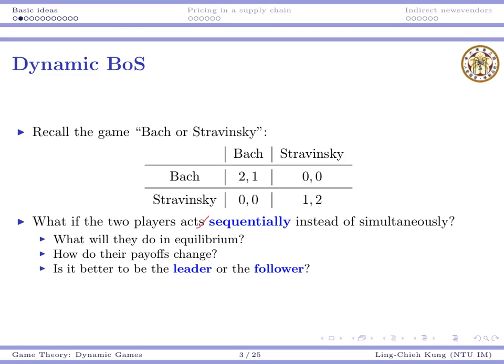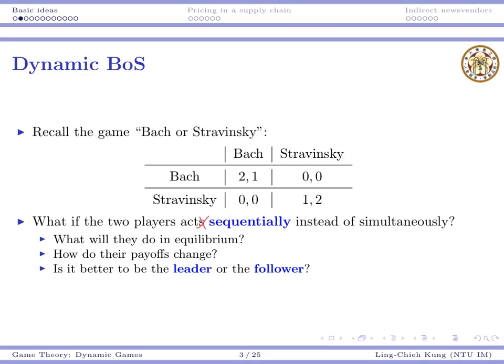Last week we said if they make decisions together, then there are all kinds of possibilities. It's not very easy to predict what's going to happen. Then we may want to ask another question: what if they make decisions one by one?